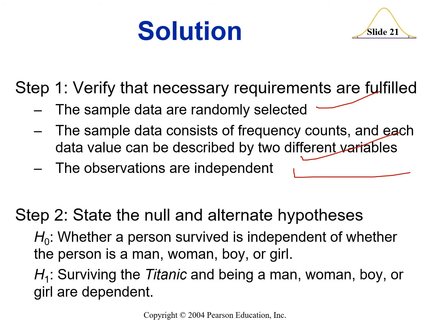H naught: whether a person survived is independent of whether the person is a man, woman, boy, or girl. H1: surviving and gender are dependent. Or simply, H0: 2 variables are independent and H1: 2 variables are dependent.